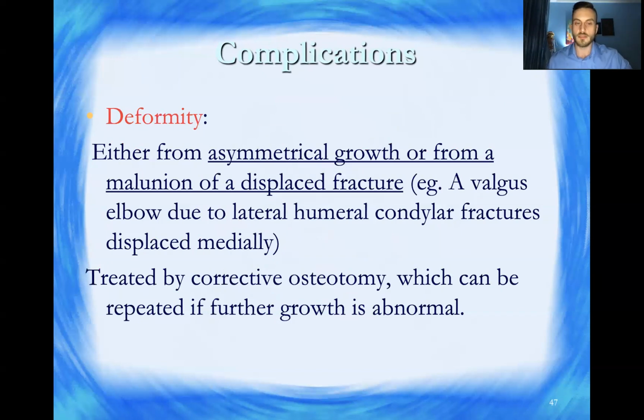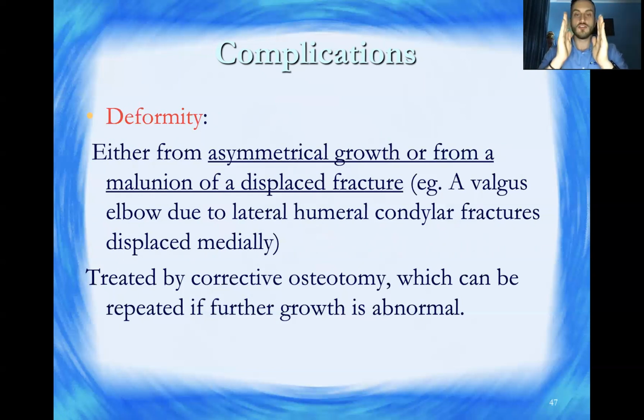In deformities, sometimes you have asymmetrical growth or deformity from a malunited displaced fracture. So sometimes what's happening, if you have a medial injury, the medial part will stop growing, but the lateral is still growing. So it will go into varus. On the other hand, let's take the other way.